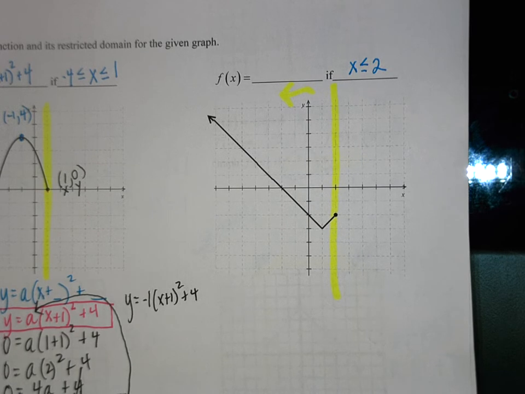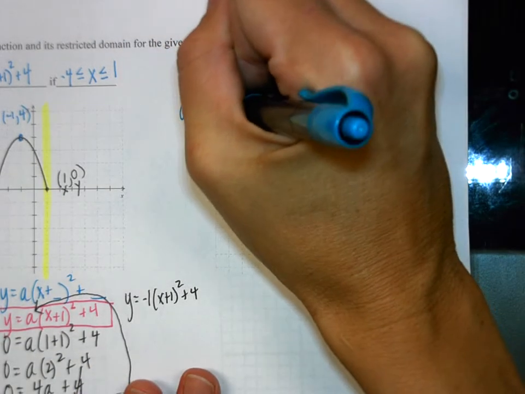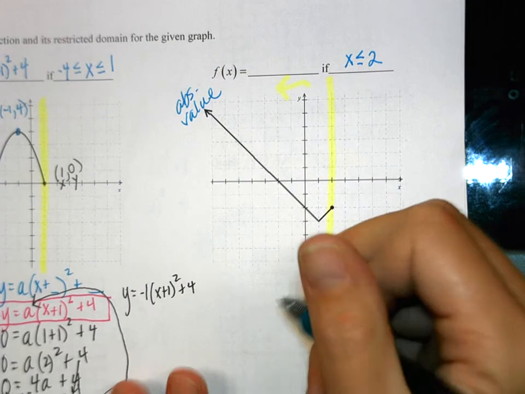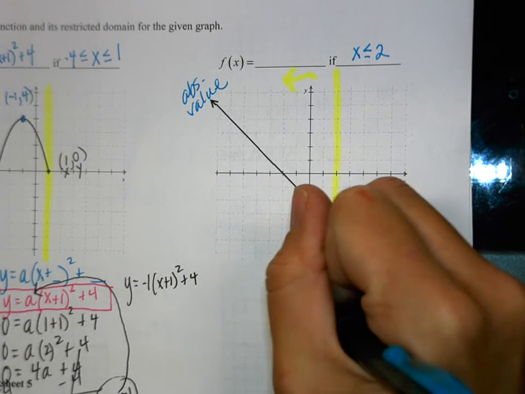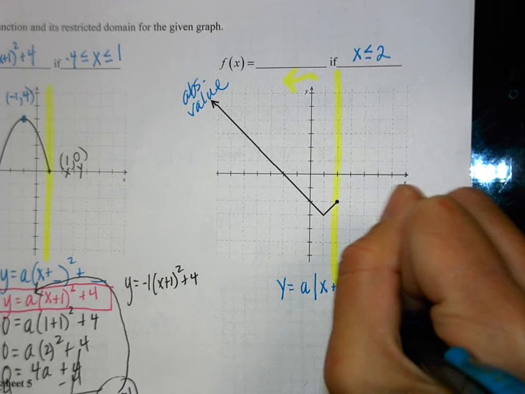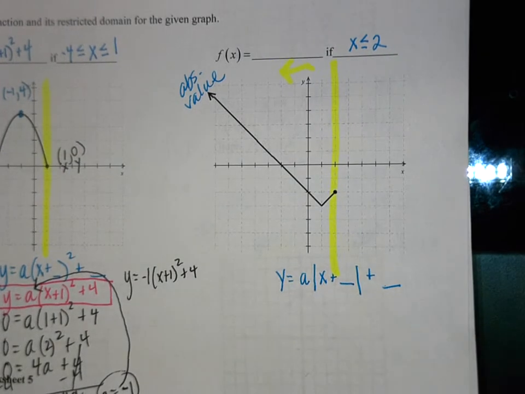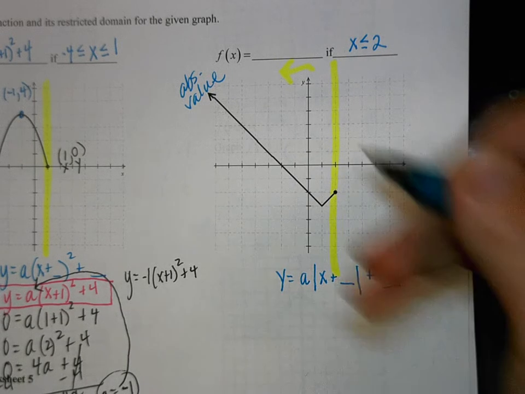Okay, what type of function is this? Absolute value. So absolute value is where we have y equals a times the absolute value of x plus something, plus something, correct? So we plug in our vertex here.